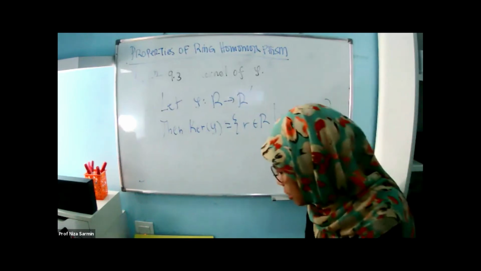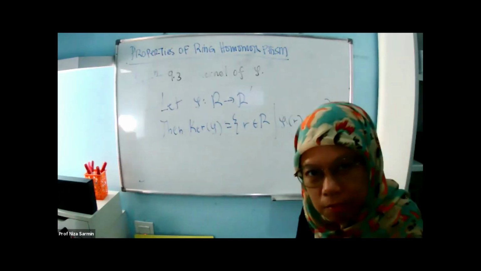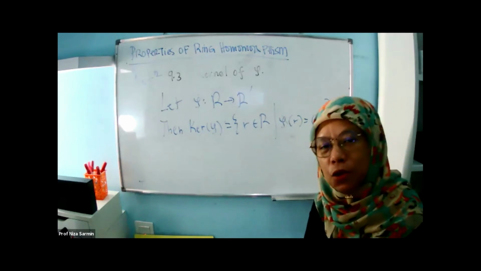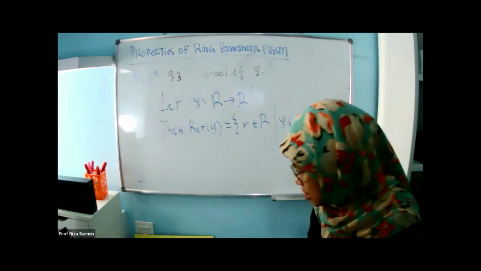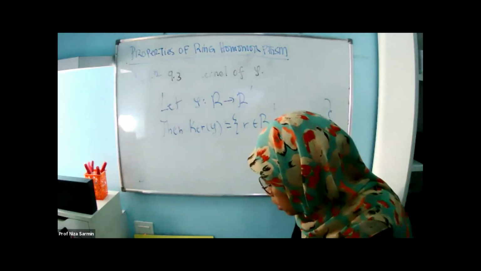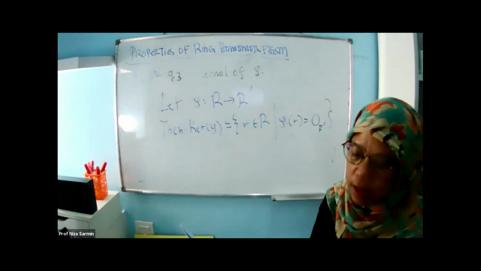So this is the kernel. I will give you some mappings and you have to figure out what the kernels are. I think that's straightforward, right? So give that as an example.